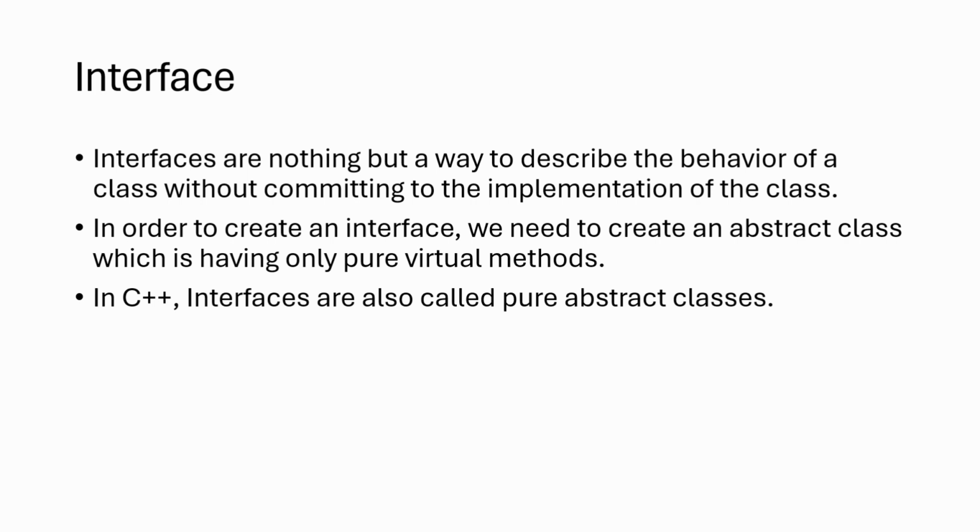In C++, interfaces are called pure abstract classes. A pure abstract class is a unique type of class. In it, you have a pure virtual function and other functions along with it. Now, what is a pure virtual function?